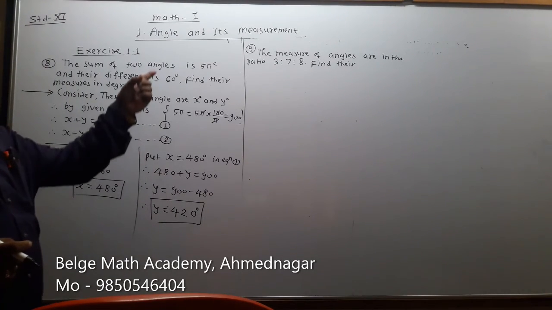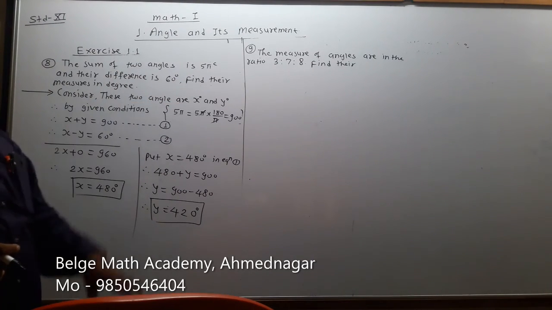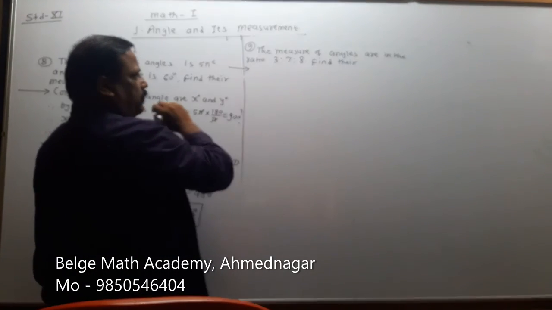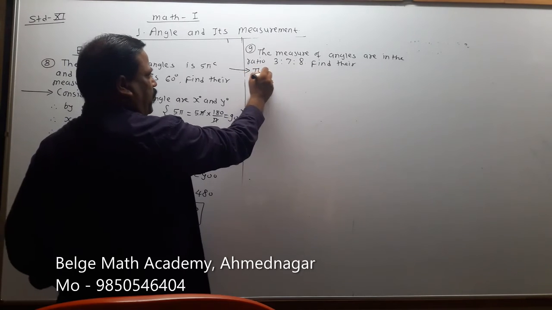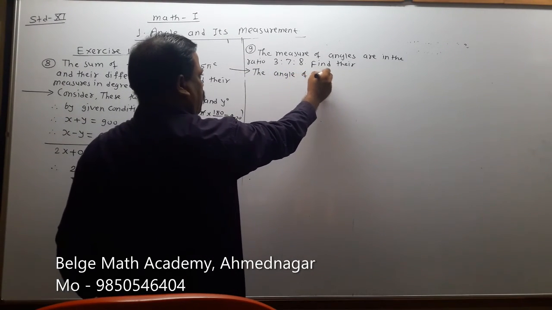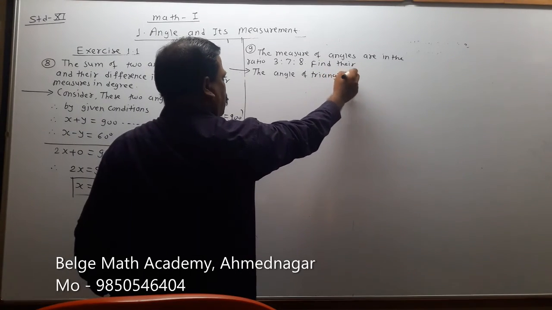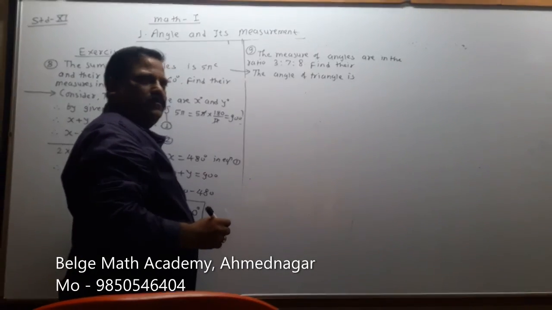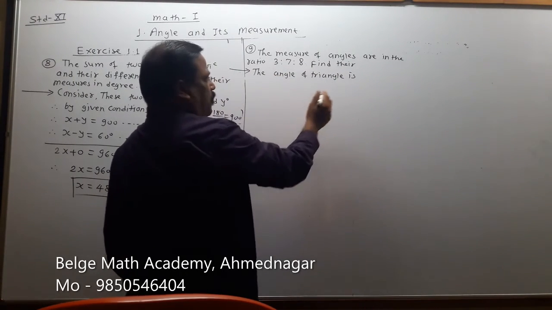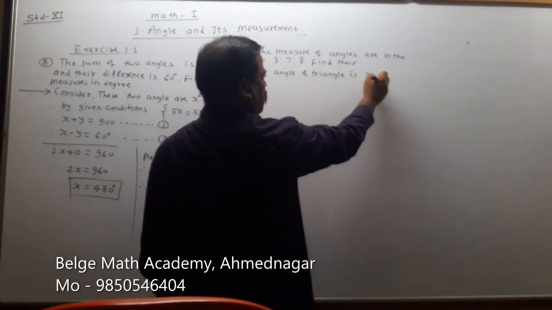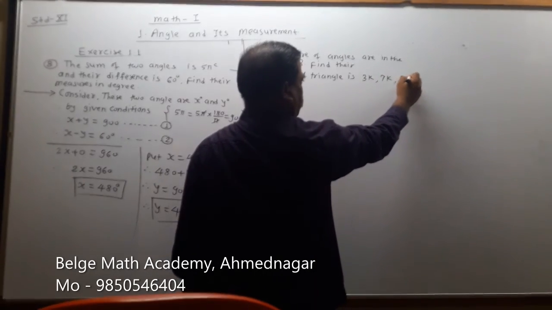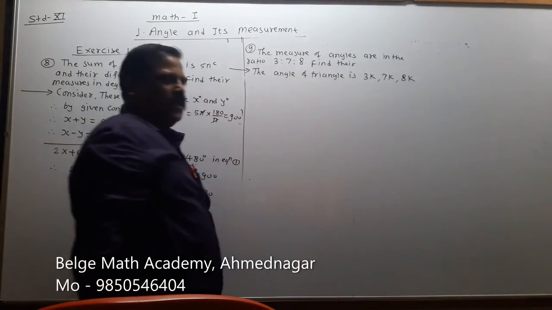So the given three angles are in the ratio. Now in the solution we have to write the angles of the triangle: first angle is 3k, second is 7k, and third angle is 8k.